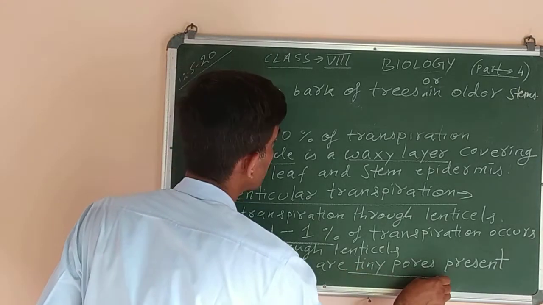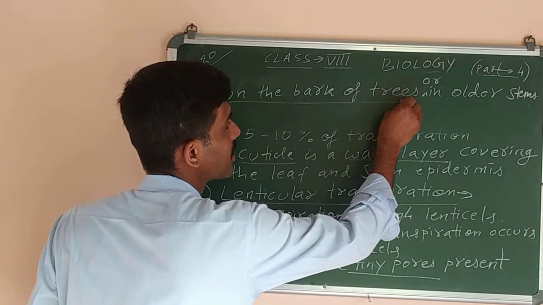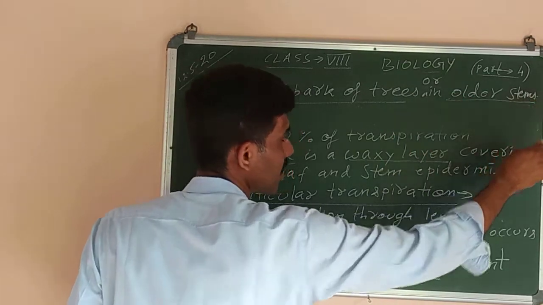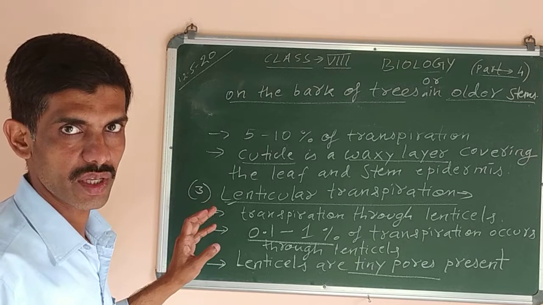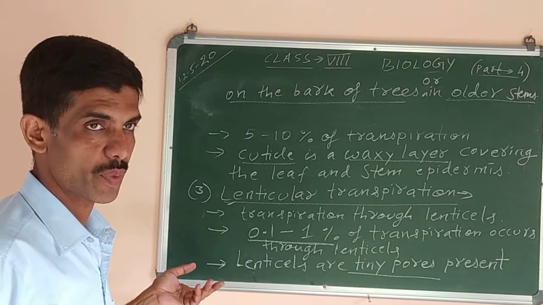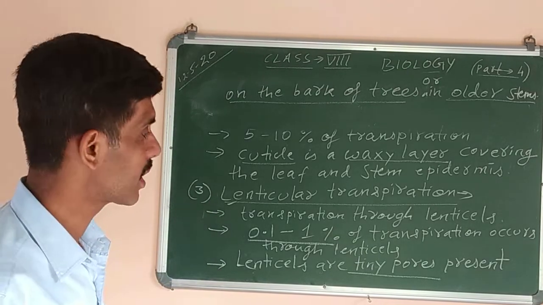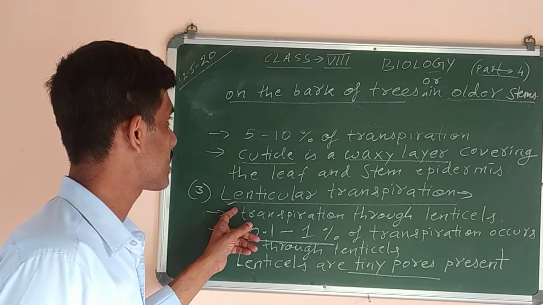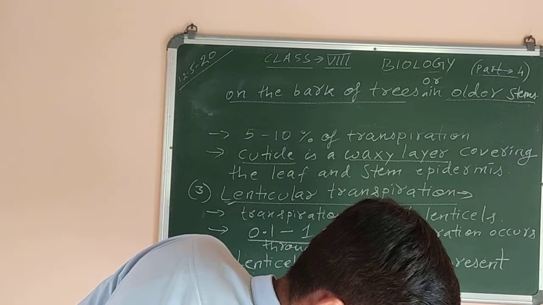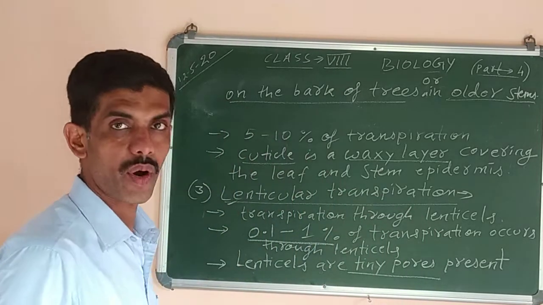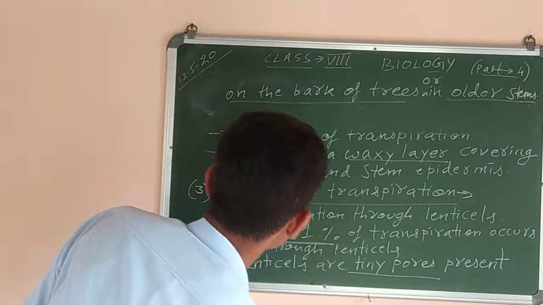They are the tiny pores which are found on the bark of the trees or in the old stem also. These tiny pores always remain open. They are never closed. Like stomata which remain open in the daytime but closed at night, these lenticels remain open throughout day and night. So now the next topic that we have to do is importance of transpiration.